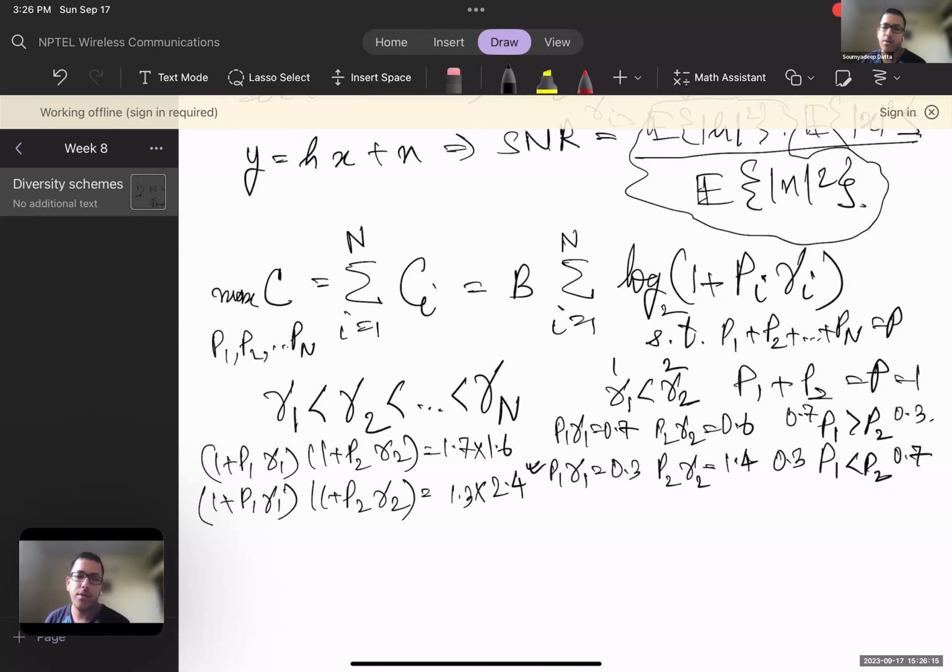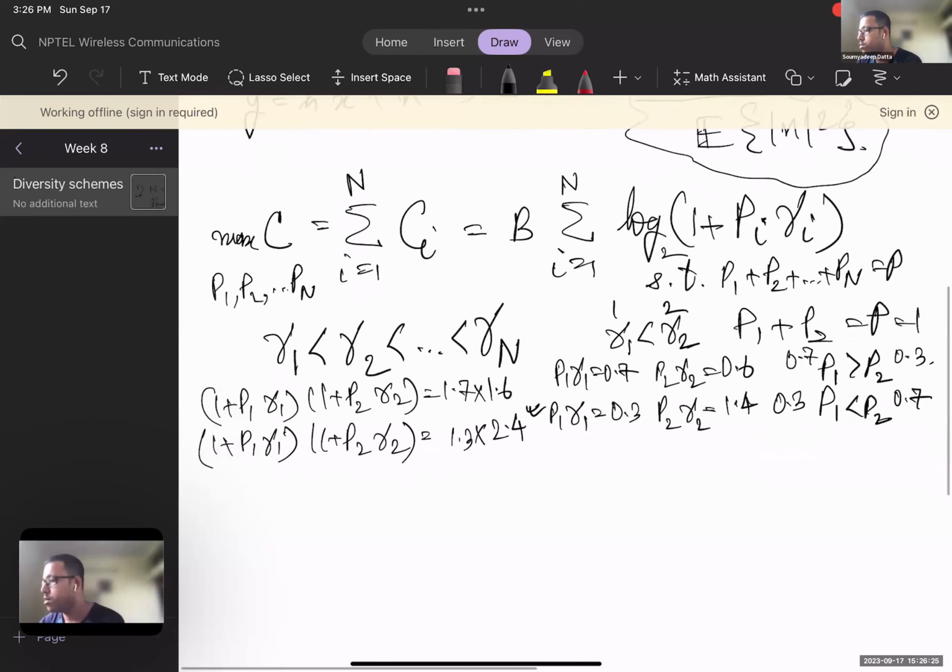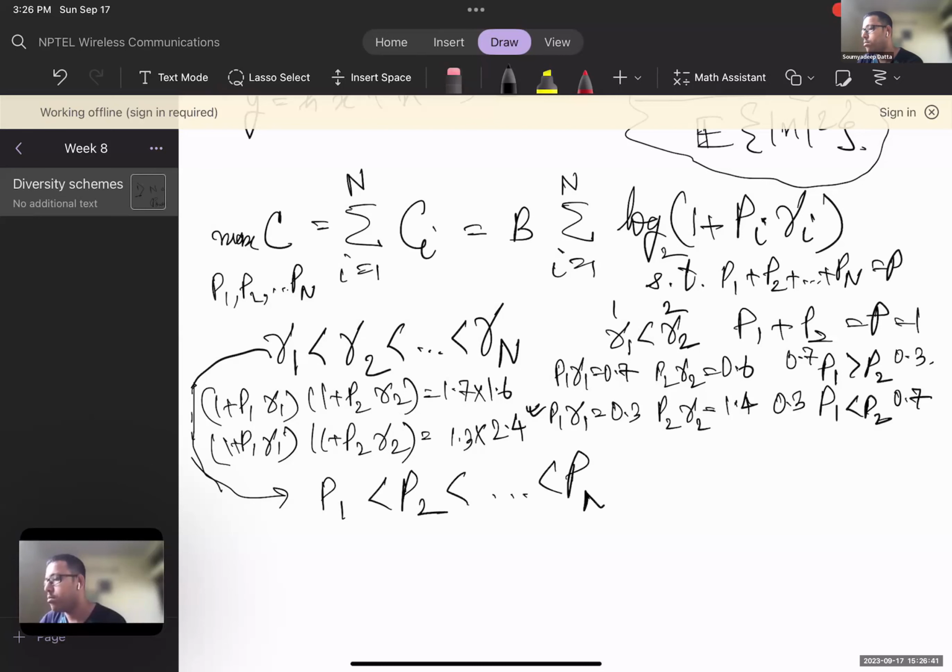So if your goal is to maximize the sum rate or maximize the sum capacity, then you should provide more power to the stronger channel. So your answer here will be, if this is the order of gammas, then your order of P's will also be the same: P1, P2, Pn.